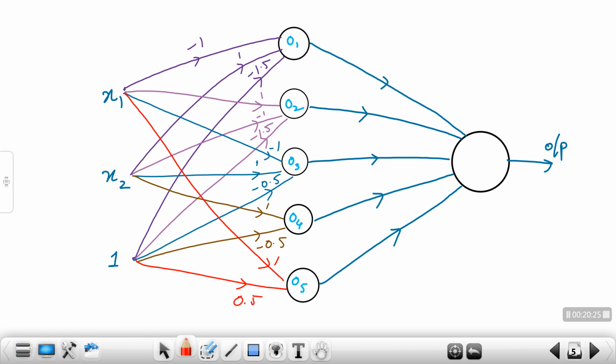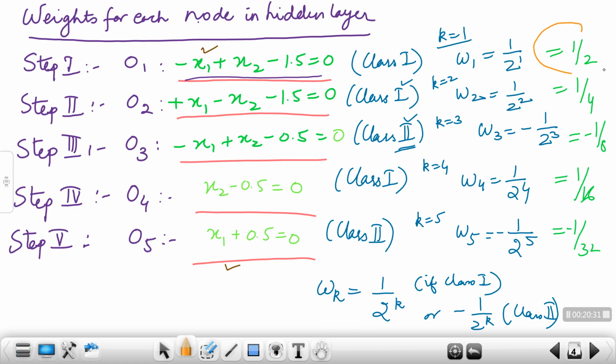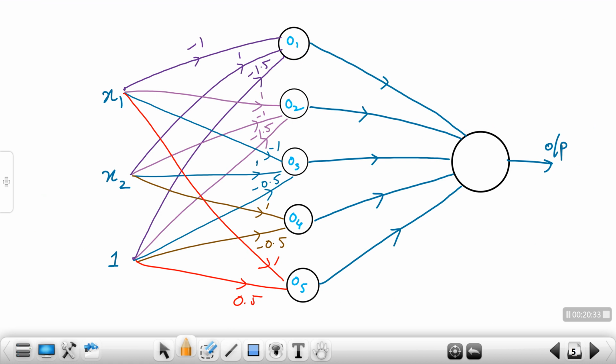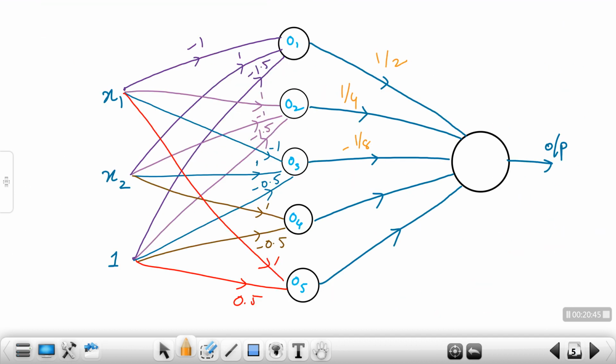Now what are the weights here from the hidden layer to the output layer? That is already known. The first weight is half. The second weight is 1 by 4. The third weight is minus 1 by 8, then 1 by 16 and minus 1 by 32.